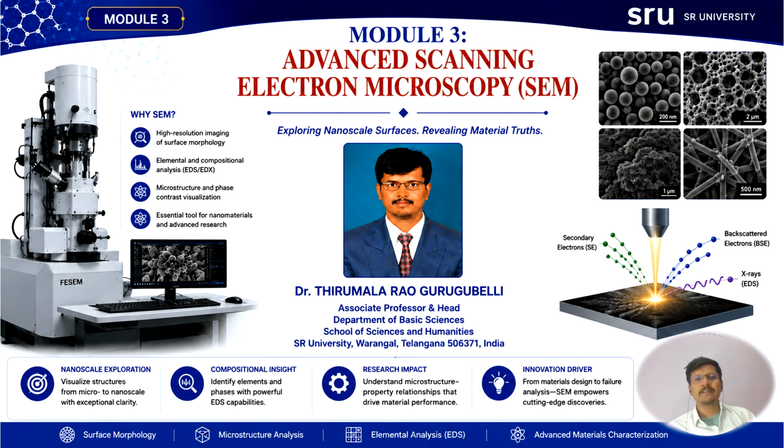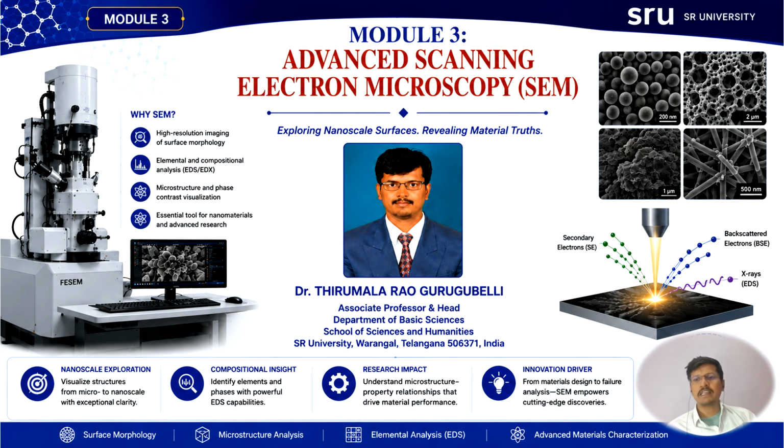In the schematic at the bottom right, you can see an illustration of how the incident beam of electrons interacts with the material and generates signals such as secondary electrons, backscattered electrons, and X-rays.